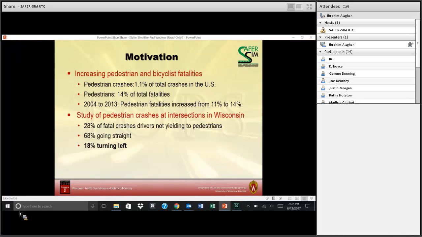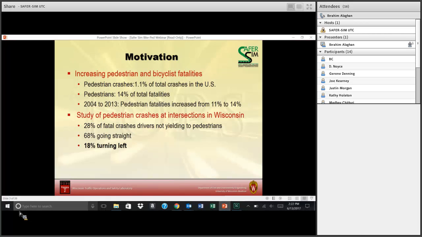We found that pedestrian crashes represent about 1.1% of the total crashes in the US, but they represent about 14% of total fatalities. And between 2004 and 2014, these fatalities increased from 11 to 14%.